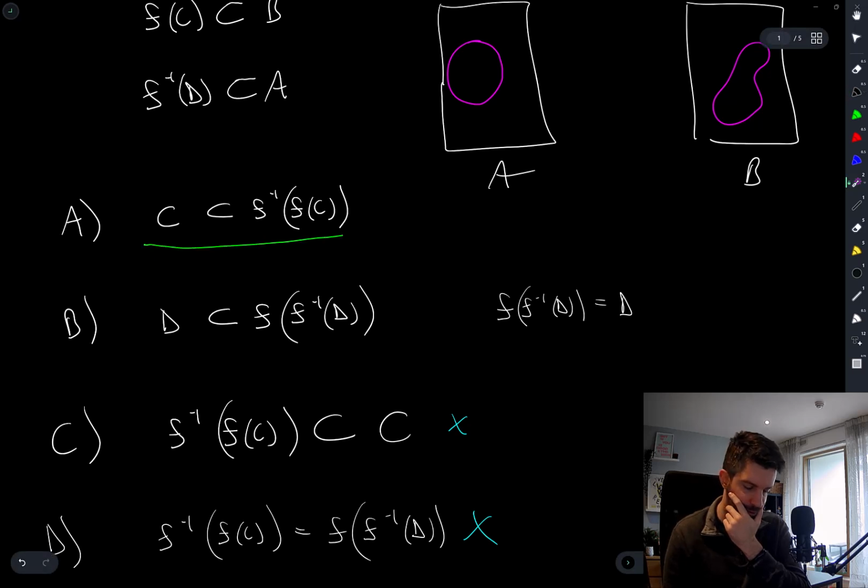How do I show this is false? I need something in C which is not in this set.